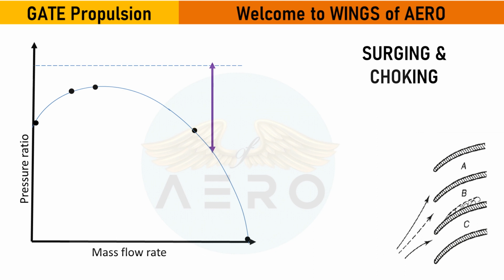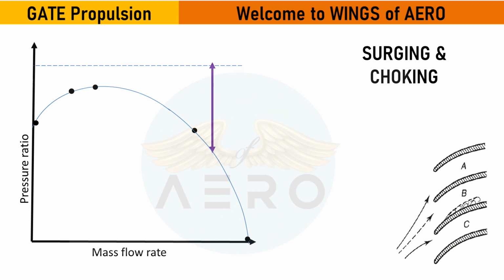Now let's look at another important part, some of the phenomena that occur in a centrifugal compressor: surging and choking. You can expect a 1 mark question or a multiple selection type of question from this topic. First of all, what is the definition of surging?